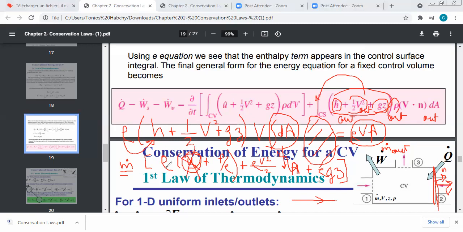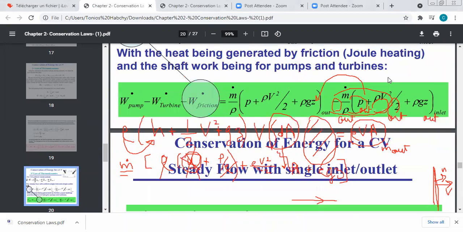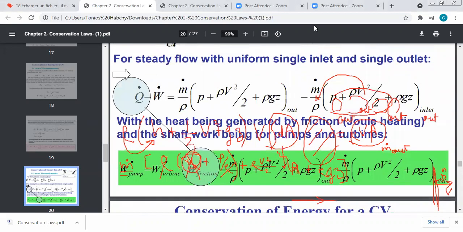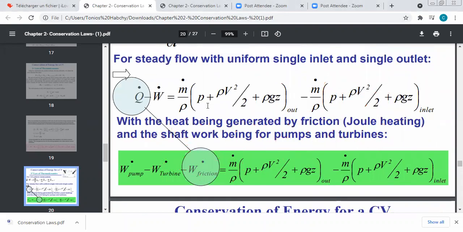If I do rho times P over rho, it will simplify, and I will get m dot times P plus rho V square over 2 plus rho GZ. If you go back to the expression, this is what I obtained here. So the energy flux that is going outward is given by m dot over rho times P plus rho V square over 2 plus rho GZ.